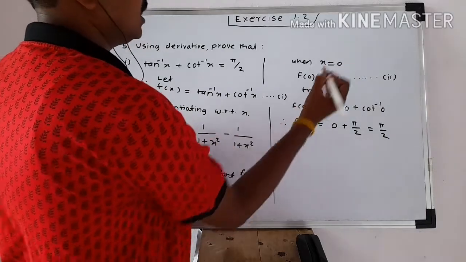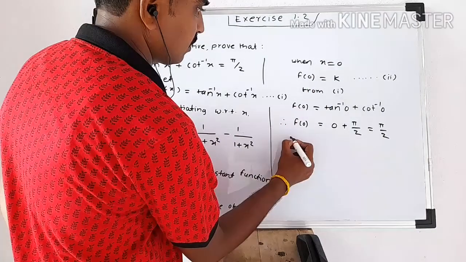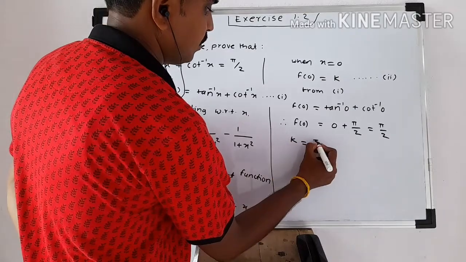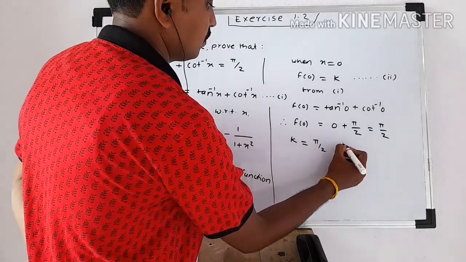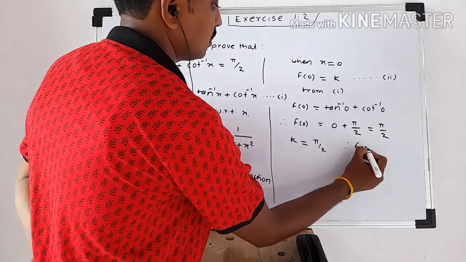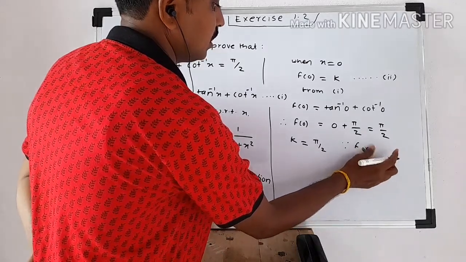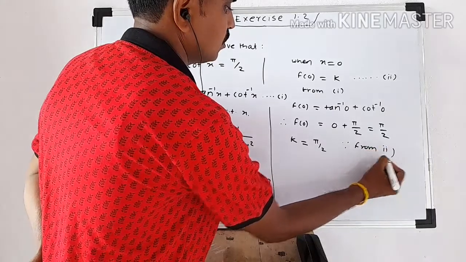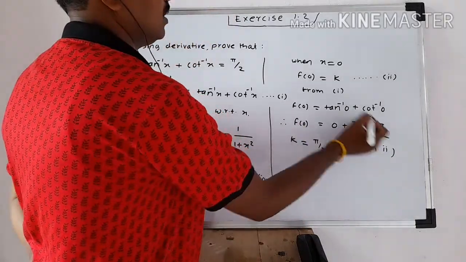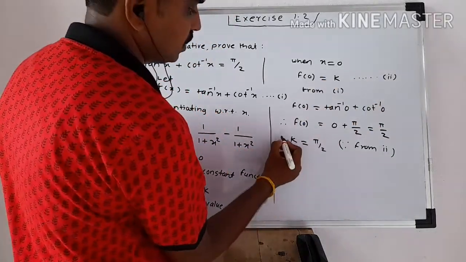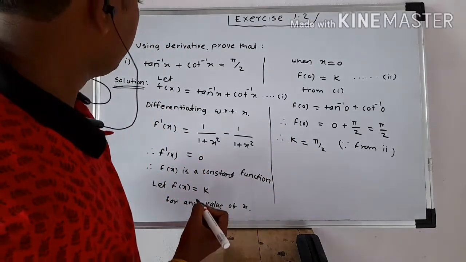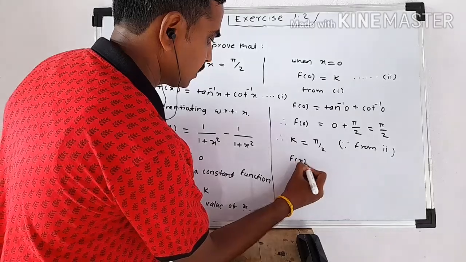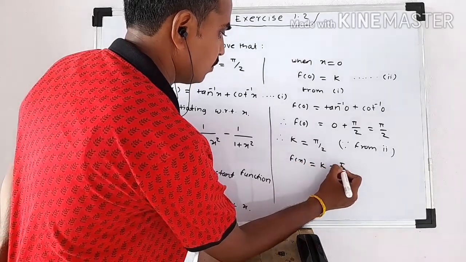Now by using the second equation, we can say that k equal to pi by 2. The reason is that from equation 2, f of 0 is k, and f of 0 is pi by 2, therefore k equal to pi by 2. Therefore f of x equal to k equal to pi by 2.